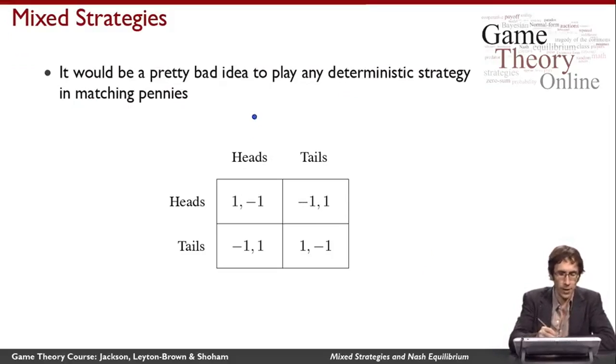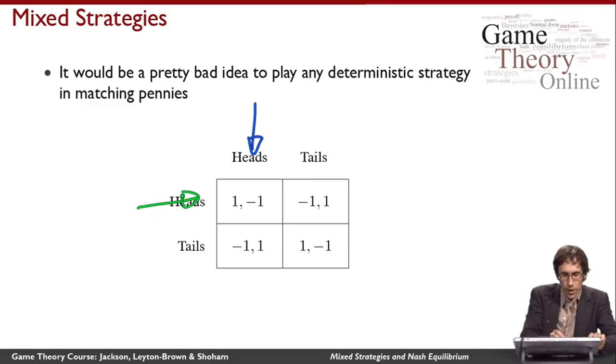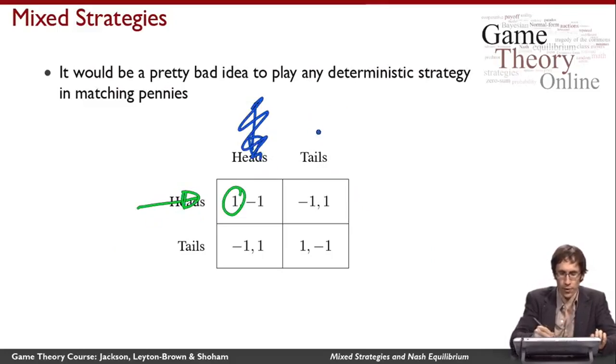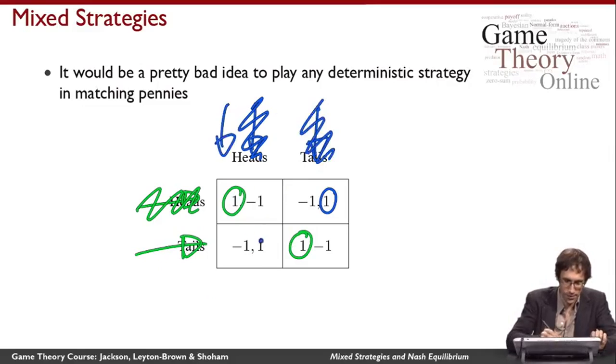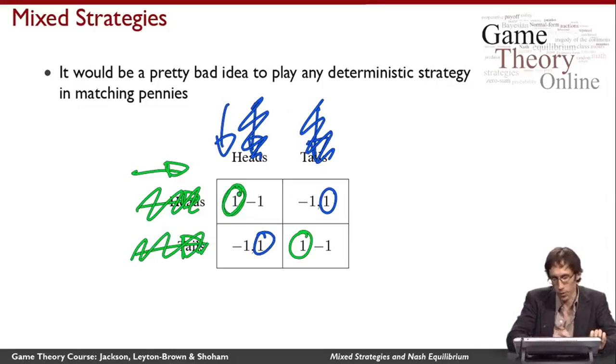For example, if player 2 were to play heads, then player 1 would want to respond by playing heads to get a payoff of 1, meaning that player 2 would prefer to change to tails so that he can get this payoff of 1, meaning that player 1 would prefer to change to tails so he can get this payoff of 1, meaning that player 2 would prefer to change back to heads to get this payoff of 1, meaning that player 1 would prefer to change back to heads as well to get this payoff of 1 where we started.